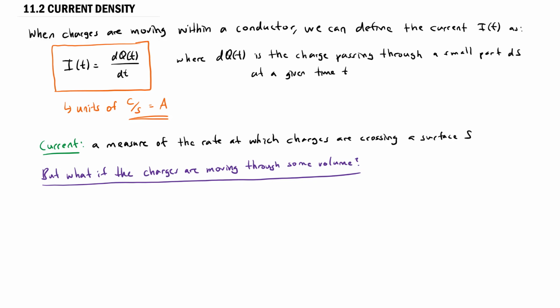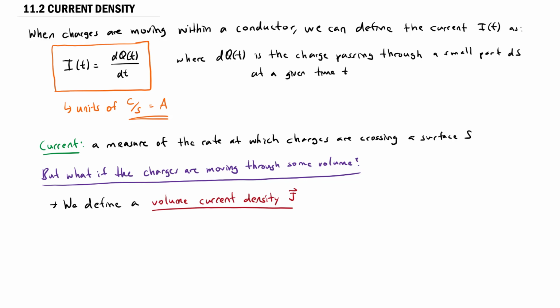We need to figure out how much current is crossing over a specific volume. So we define something called volume current density. We call that J, and that's a vector.